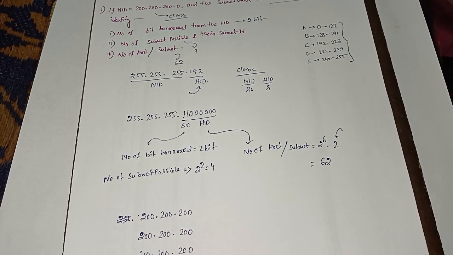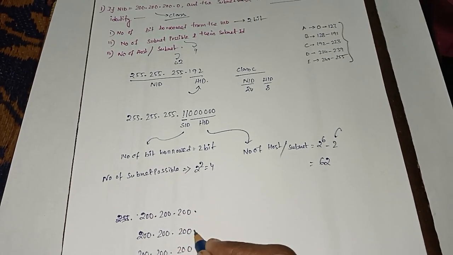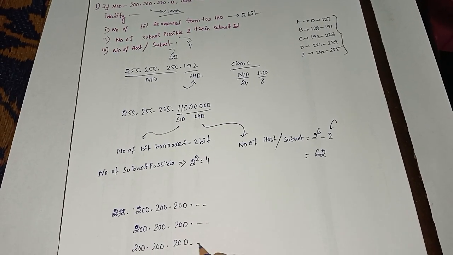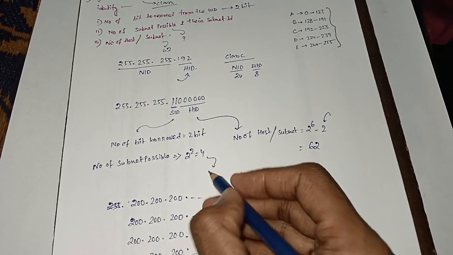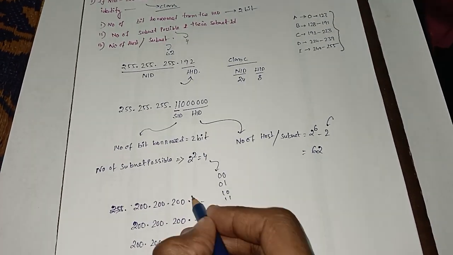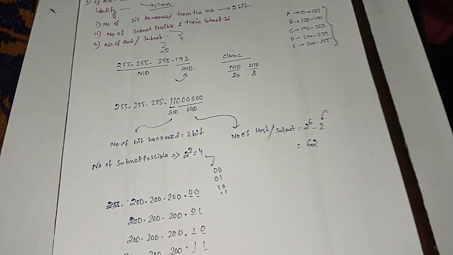We get 4 subnets, and the first 2 bits represent the subnet ID. For 4 subnets, the combinations are 00, 01, 10, and 11.